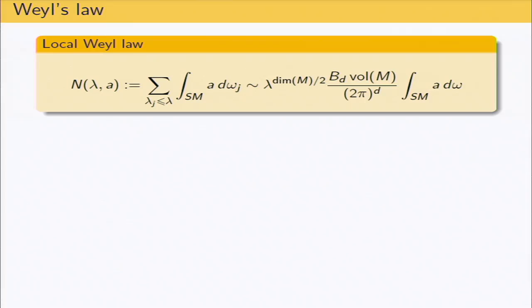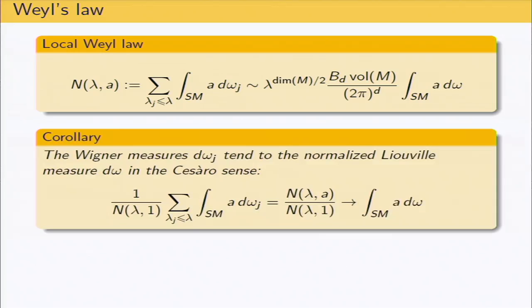In particular, if you put A equal to the constant function 1, then this sum is just the usual counting function of Laplace eigenvalues up to lambda, and it is asymptotic to this part of the formula without the integral, because the integral is 1. So that's a generalization of the traditional Weyl law. It is a local Weyl law and can be proved using pseudo-differential calculus.